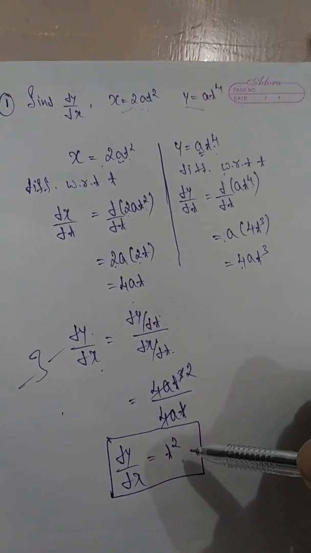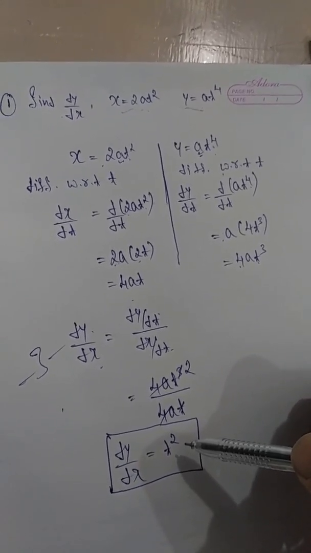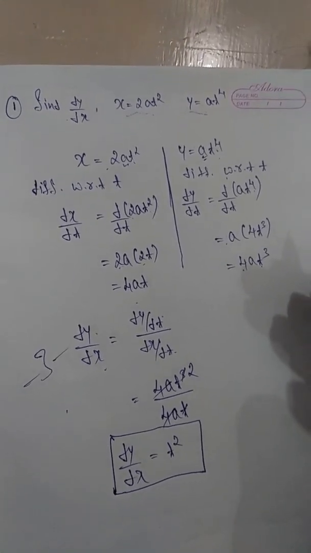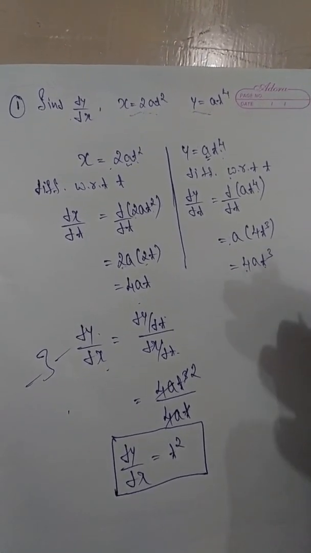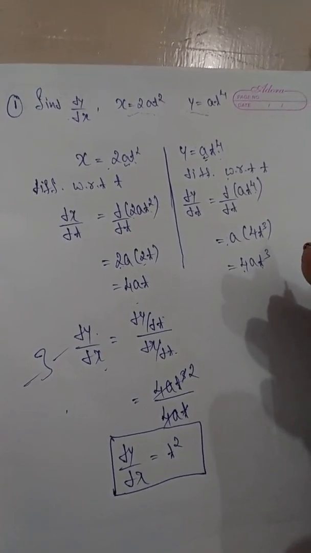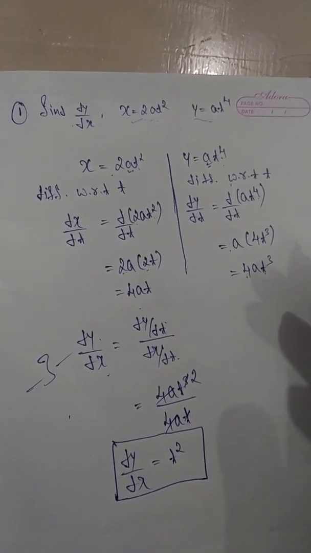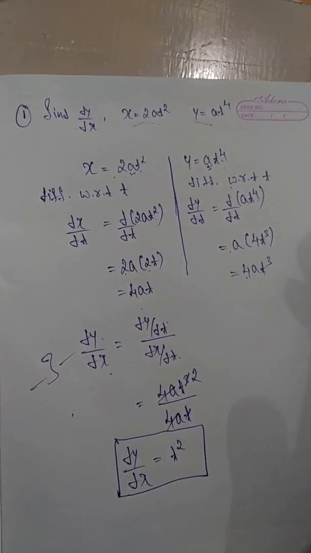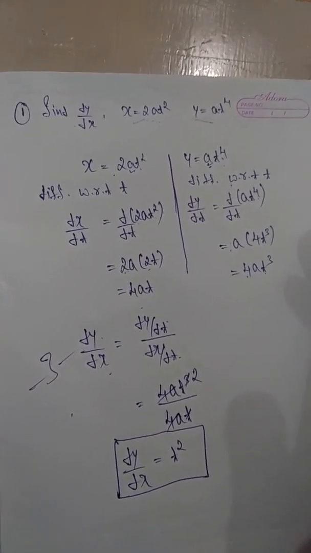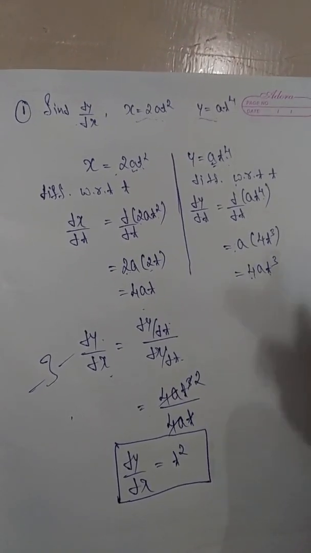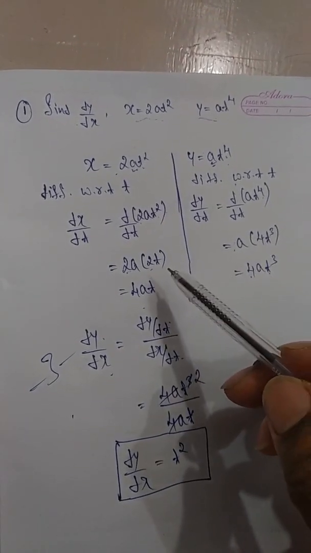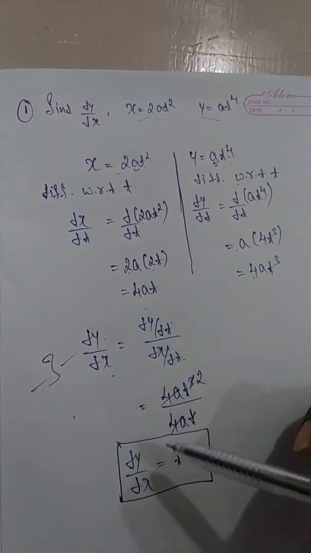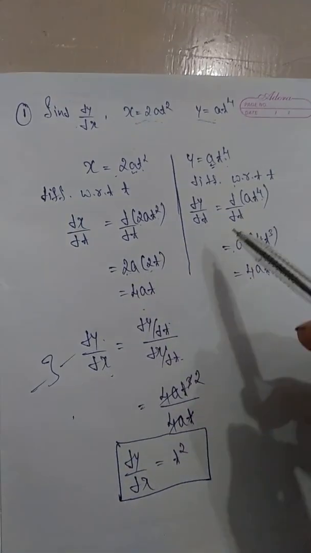These are very important problems. We are almost at the end of differentiation. So revise all the concepts we learned in the last videos. If you know differentiation, you can solve all these problems very easily. Otherwise it will be difficult for you. These are all very simple differentiations.